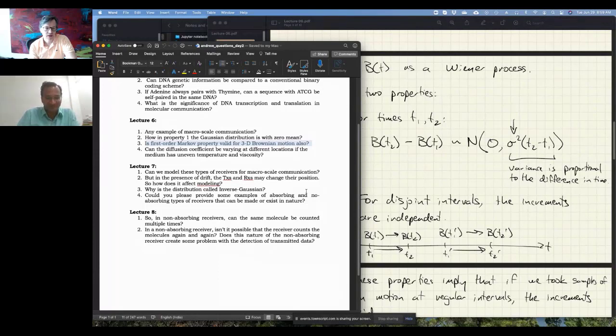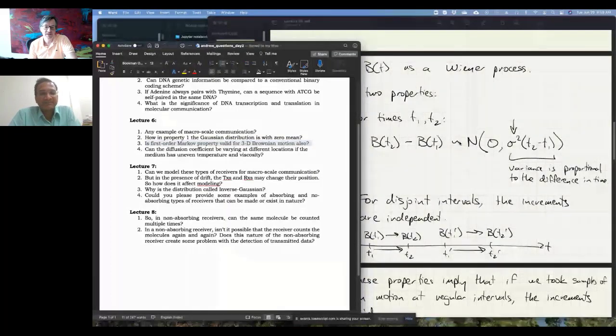Yes, in this course we normally talk about 1 dimension because it's mathematically straightforward. In 3 dimensions, you can use the property that I just said, which is that each dimension of the motion is independent.